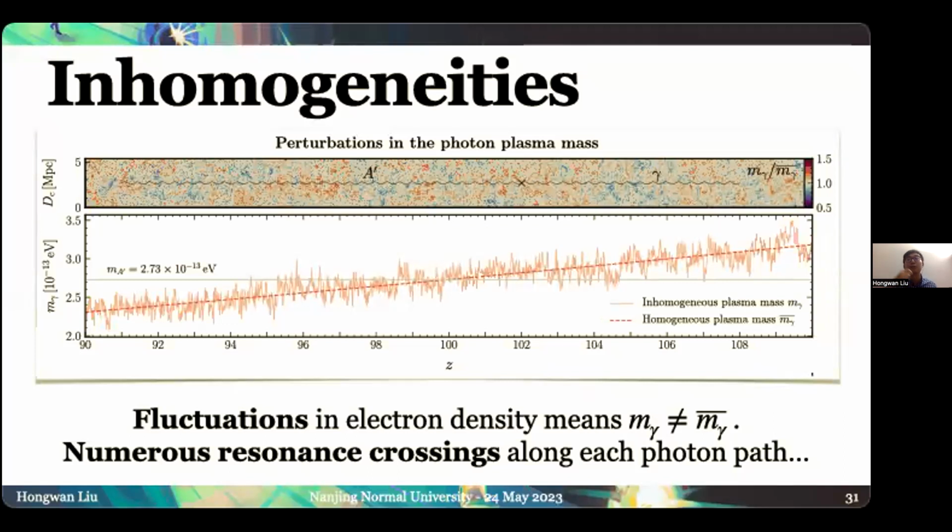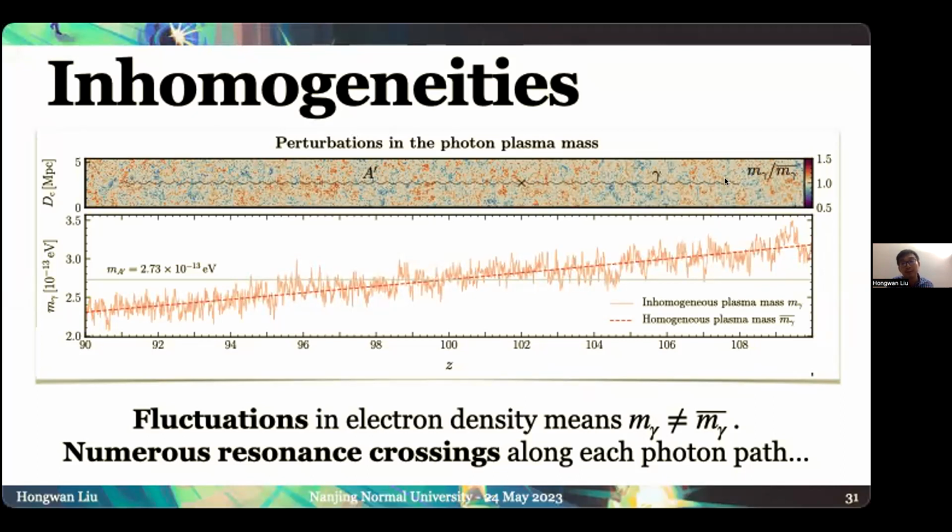And each photon is going to see a path that's going to be different from every other photon around it. So for example, here is an example of a box that we have generated with realistic fluctuations in the plasma mass shown here. You have overdensities in the plasma mass shown in red and underdensities shown in blue.